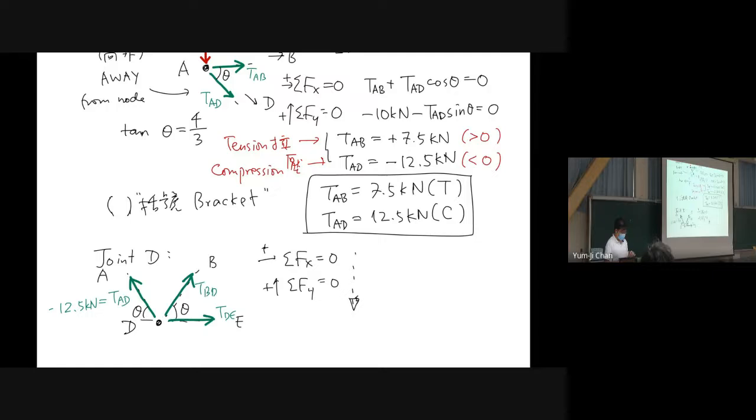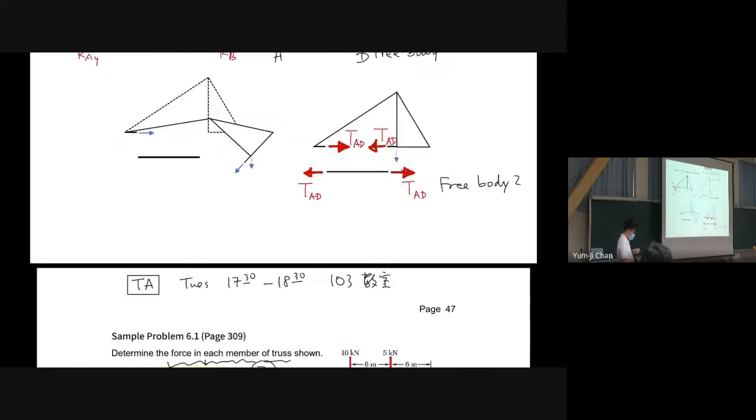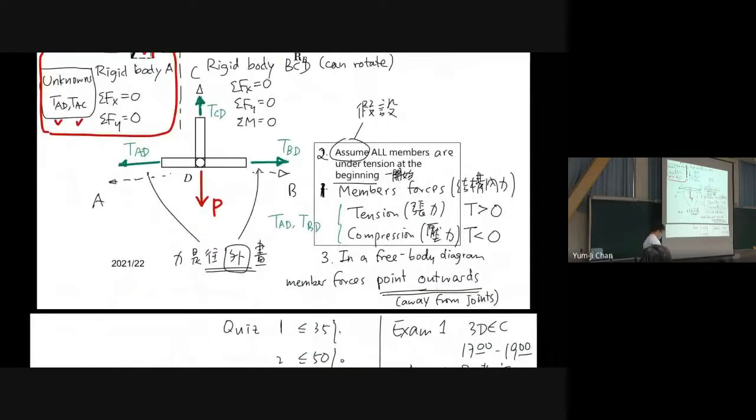And the common mistake that your seniors had in the past was, you can go to the last page first. For this kind of problem, the most common mistake your seniors have had was like that.